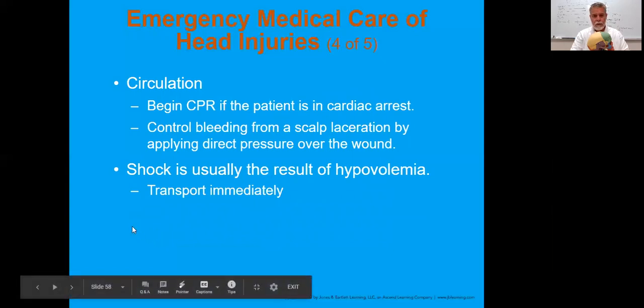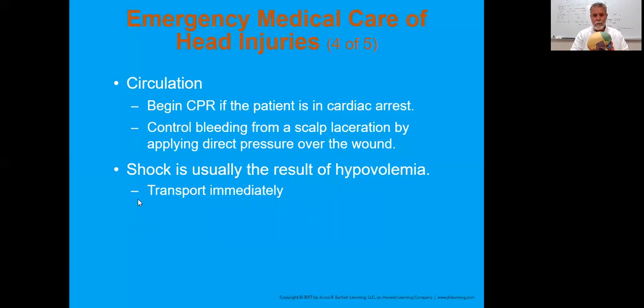Circulation, well, if the patient's in cardiac arrest, we should do CPR. But the circulation also, as we assess that, could be some minor bleeding that we find. If I see a scalp lac, and scalp lacs, because of their vascularity, we want to put some direct pressure. On the head or the scalp injuries, we tend to use a lot more gauze because I don't want to put a lot of pressure on that.